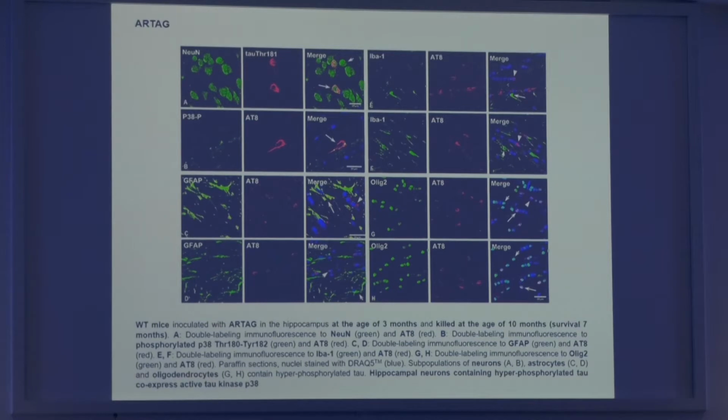And what is curious here is, although ARTAG is a pure tau astrocytopathy, here there are neurons which are also labeled. And another important point, and we will go later on, is that these cells that contain phosphorylated tau also contain active kinases, as for example this one, P38.